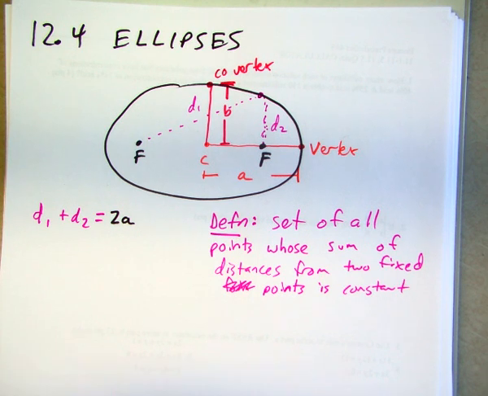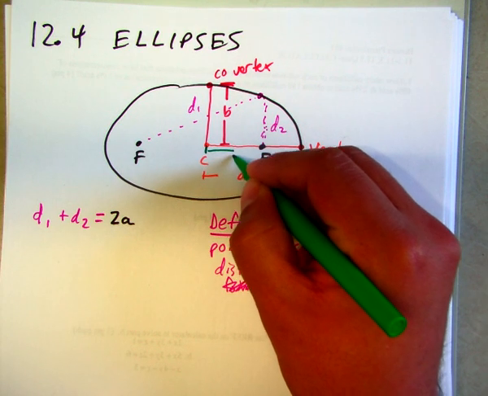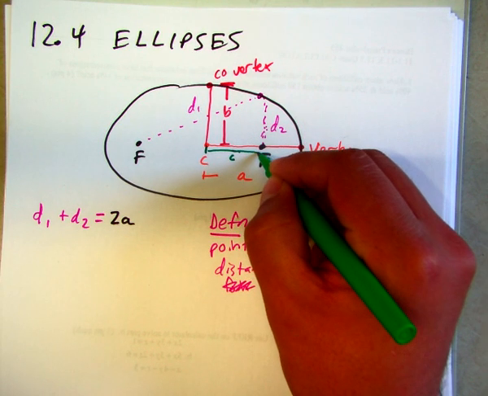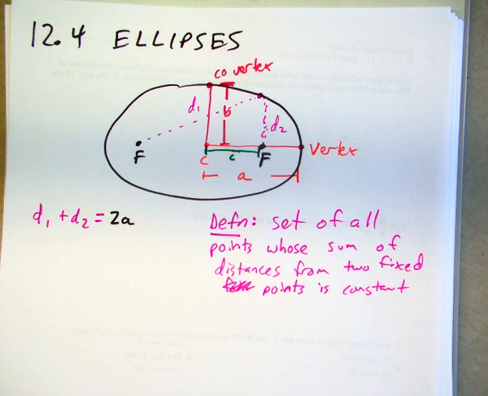And now the last piece, from center to either focus, is c. Okay? So now here's some terminology.